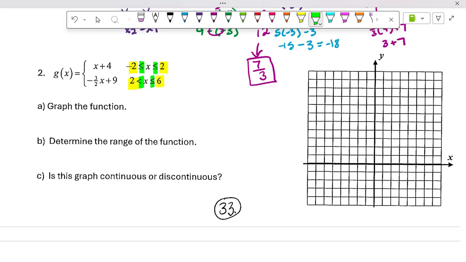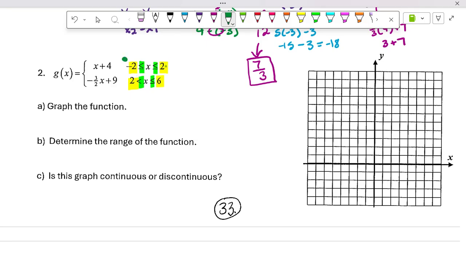All right. So for example, -2 for the top function, would there be an open or closed circle on it? So open circle goes with less than or greater than, closed circle goes with less than or equal to, greater than or equal to. So which one would I use for -2? Closed circle. So I'm just going to do a little closed circle next to it.